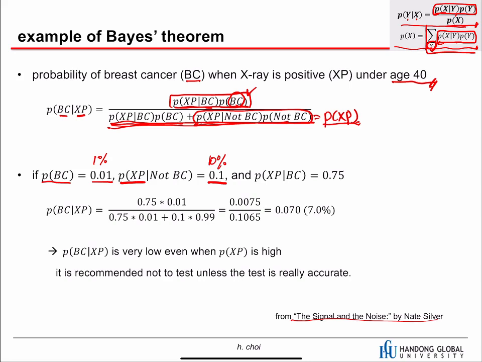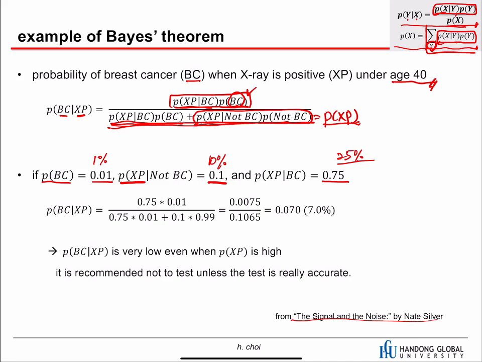And the probability that X-ray is positive given breast cancer is 75%. So even when you have breast cancer, 25% of the time it will not have a positive X-ray. So we have some error here. Okay, so the error rate is 25%.